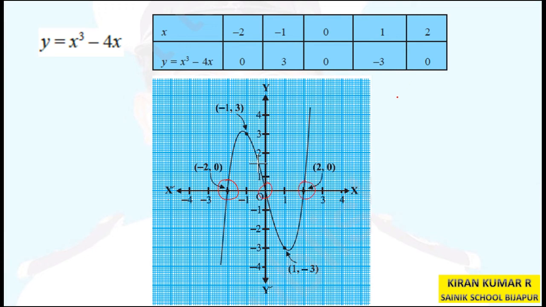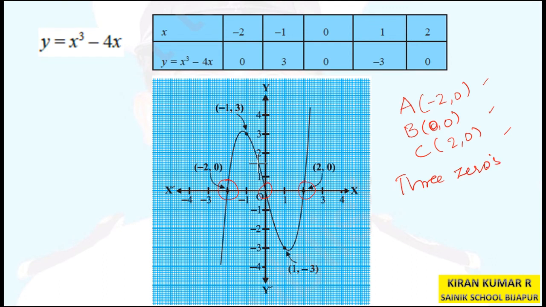Let me write them as point A (minus 2, 0), point B (0, 0), point C (2, 0). So there are 3 points, so there are 3 zeros for this particular cubic polynomial.